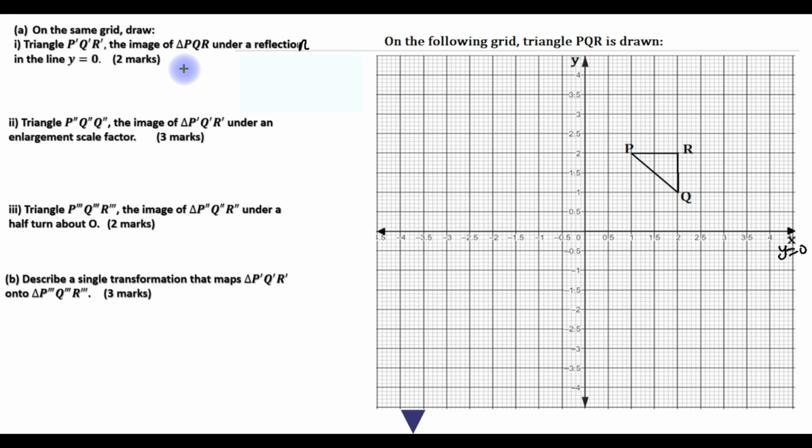So here P is (1, 2), and then Q is (2, 1), and R is (2, 2).